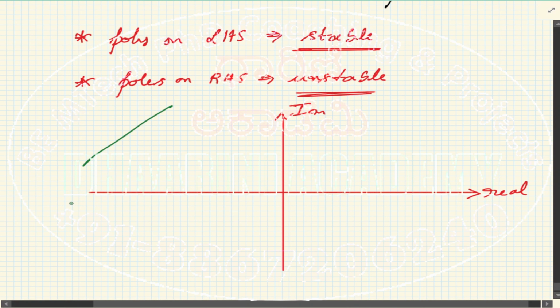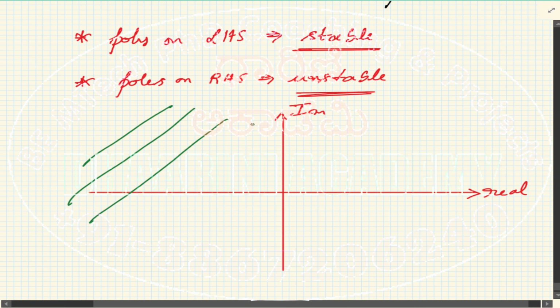If we find that the poles are present on the left hand side, that makes the system stable. Whereas if we find the poles to be present on the right hand side of the S plane, the system is unstable. This side is stable, this side is unstable. This is a very rough definition, right?